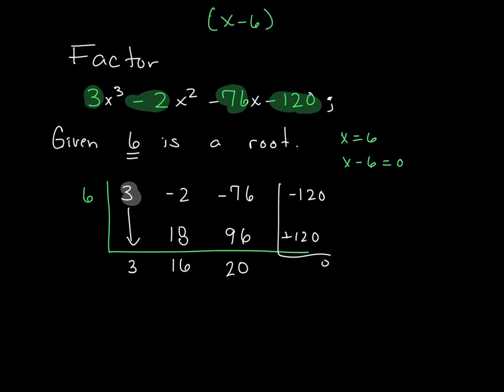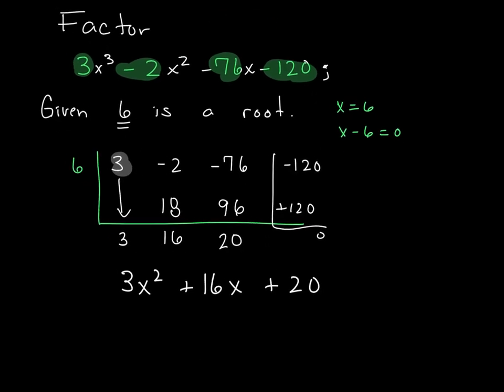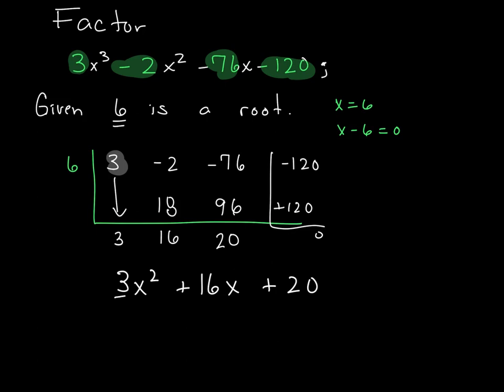All right, now at this point in time, there's a couple different ways you can do it. I'm going to go through and factor this. So now I'm going to put this back into a quadratic, which becomes 3x squared plus 16x plus 20. Now to factor this, I'm using the fact that I know the first number here, 3, is prime.